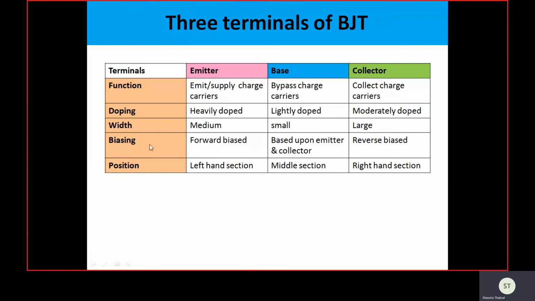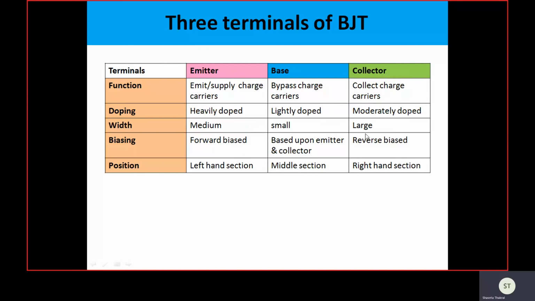If we compare the biasing, then the emitter should be forward biased because it has to supply charge carriers, so a repulsion force needs to be applied here. If the emitter is n-type, then it should be connected to the negative potential. That is the indication of forward biasing, and the repulsion force is provided so that the charge carriers get emitted from this terminal.